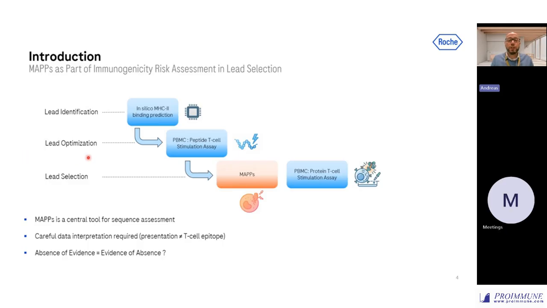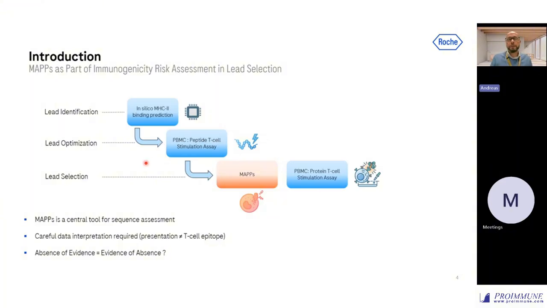Then at lead optimization, we can zoom in further and already leverage first in vitro assays, looking probably at peptide levels. I would say this is mainly for lead optimization rather than for a screen, even if some of my colleagues would probably not contradict, but I still think for lead optimization this is the most suitable use for a peptide stimulation assay.